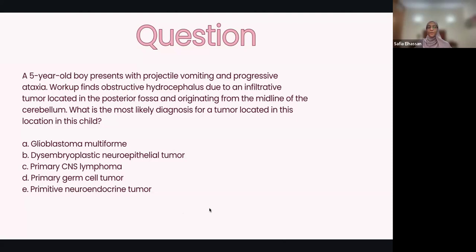Okay, if you guys didn't have these options, what would be your guess? Midline of the cerebellum, that's the key word here. Just say anything. Okay. Medulloblastoma. That's exactly right. So a medulloblastoma is what type of tumor?